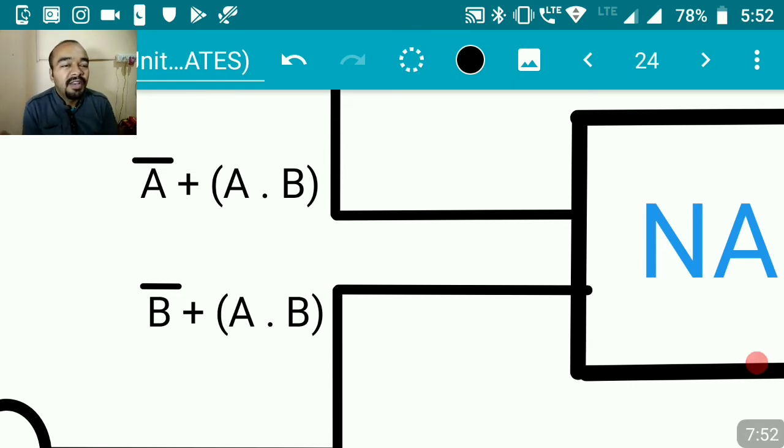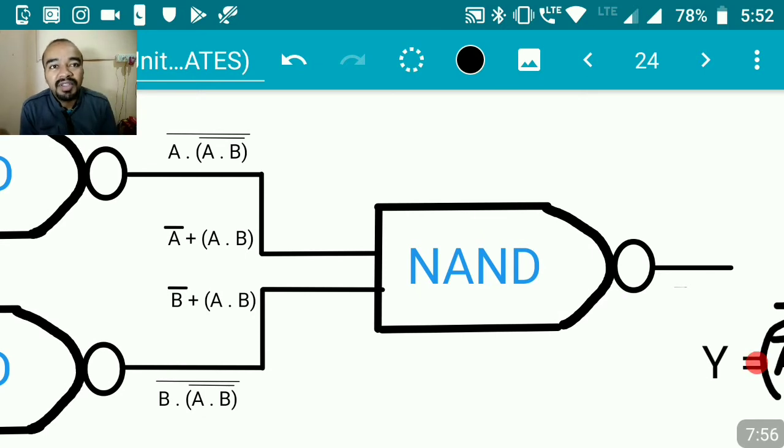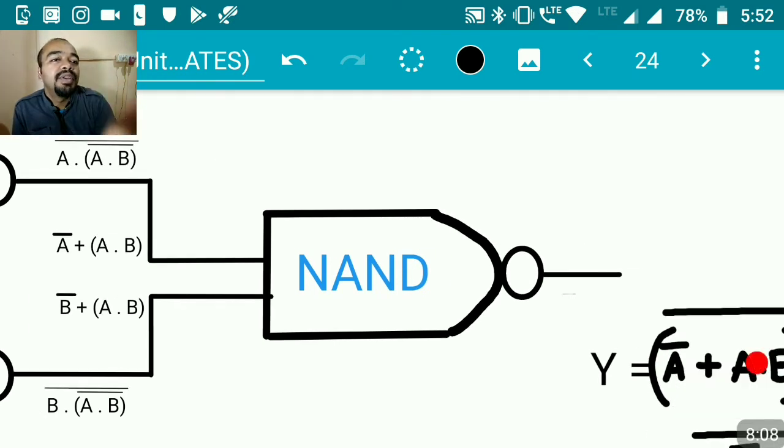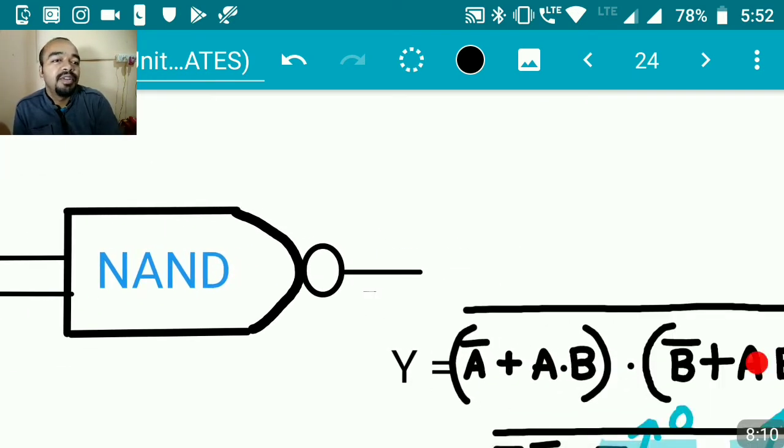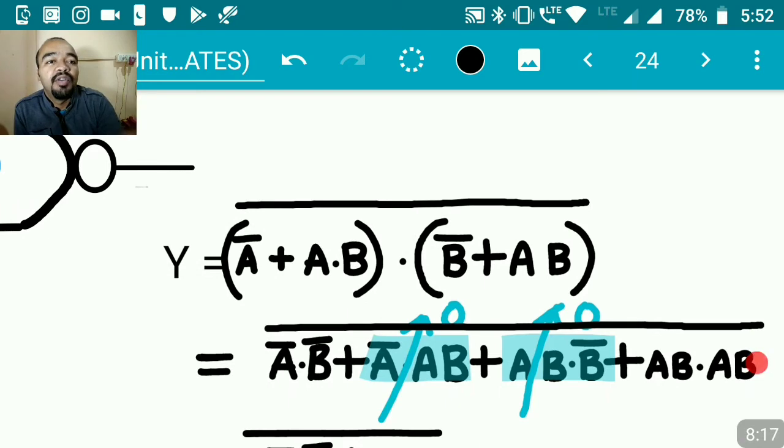Then we are going to give both the inputs, a bar or a and b, and b bar or a and b, to the last NAND gate, the fourth NAND gate. The fourth NAND gate has two inputs, and its output will be the first input ANDing the second input, with a bar over it.